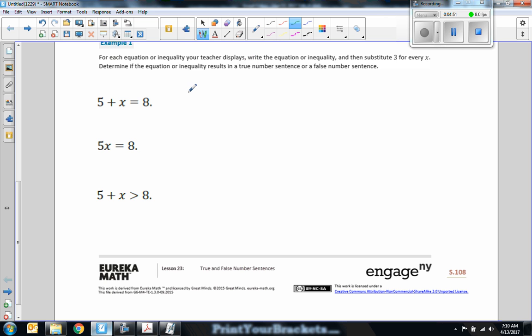Okay, so here we go. If I substitute in 3 for x, 5 plus x, 5 plus 3 equals 8. Simplify, 5 plus 3 is 8. 8 equals 8, that is true. Now I have 5 times x equals 8, so I'm going to write 5 times 3, replacing that x with 3, equals 8. 5 times 3 is 15. 15 equals 8 is false.